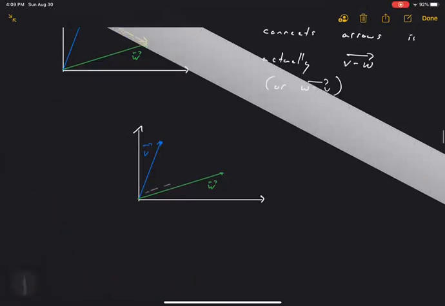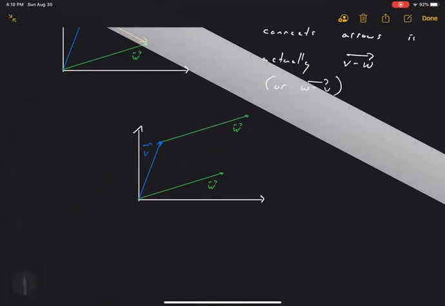I would take this vector v, and I would slide it over this way. If I did v plus w, I would put the base at the tip of v.